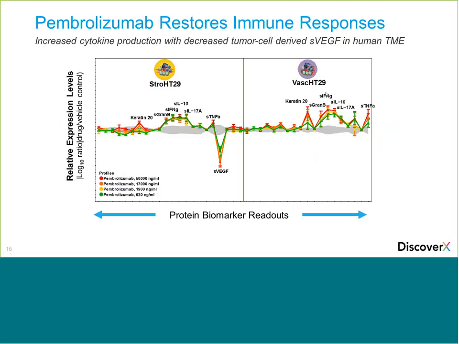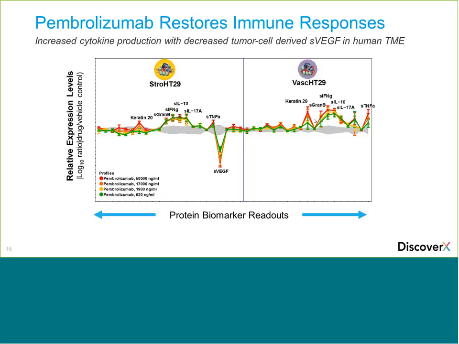As you recall from a couple of slides previously, I showed you that the immune function of these systems was being repressed by the presence of cancer cells in the system. So this increase in the amount of cytokines being expressed largely represents a restoration or recovery of that immune function in a human tumor microenvironment in the presence of pembrolizumab.